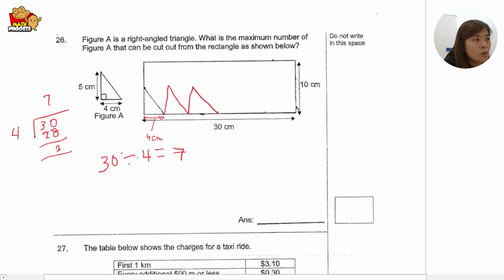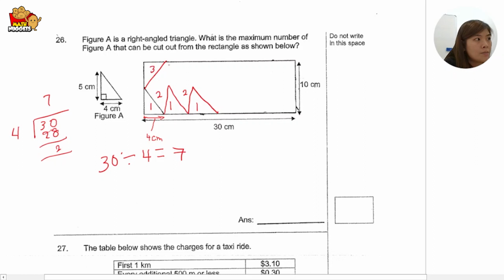In total, how many sets do we need? We need about 4. This is the first set. We continue so on and so forth. Second set, same thing, also 7. The third set is also the same thing.